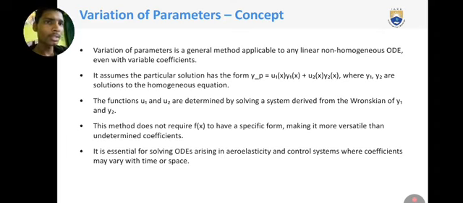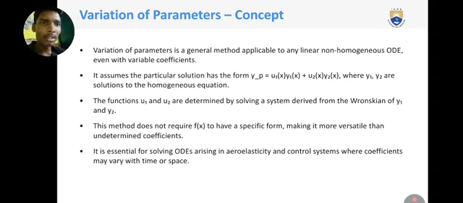Variation of parameters concept. Variation of parameters is a general method applicable to any linear non-homogeneous ODE, even with variable coefficients.